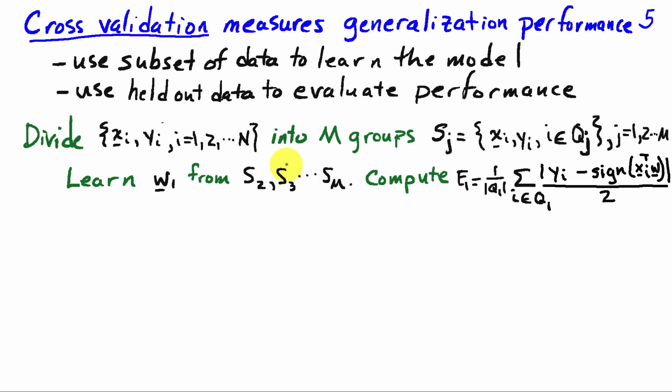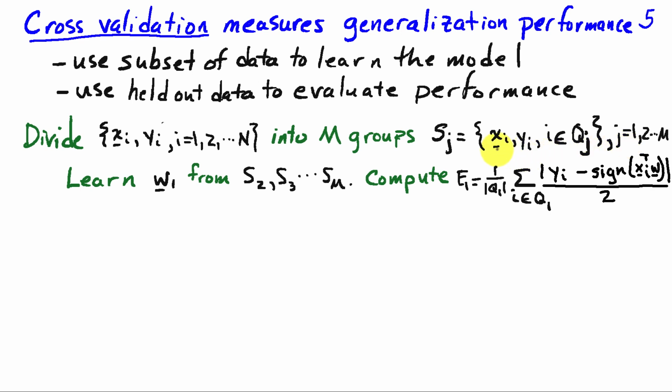We can formalize these ideas in more detail by taking our available training data. We have features x_i and labels associated with those features y_i. We'll assume there's a total of n of those, and we divide this set of training data up into capital M groups. We'll call each group S_j, and there are M groups S_j.